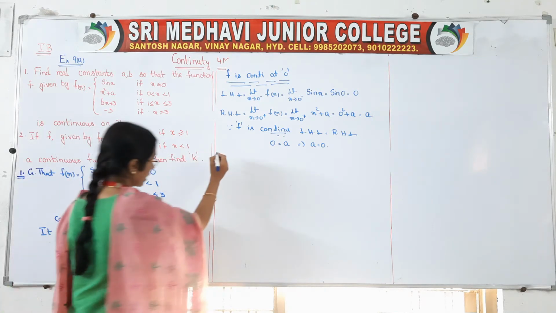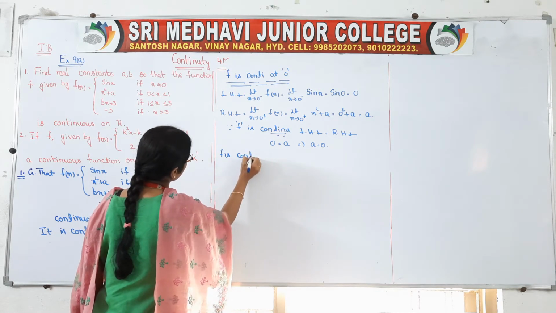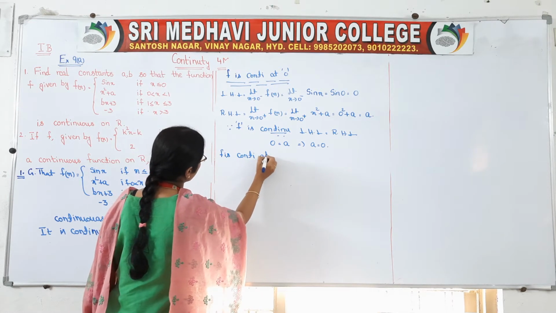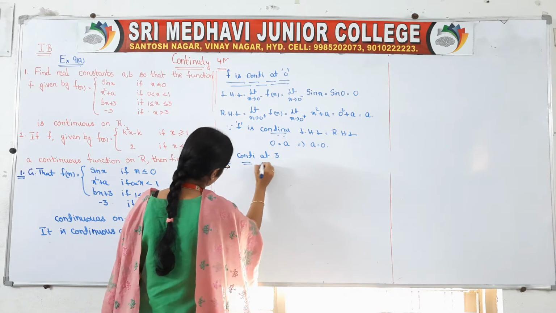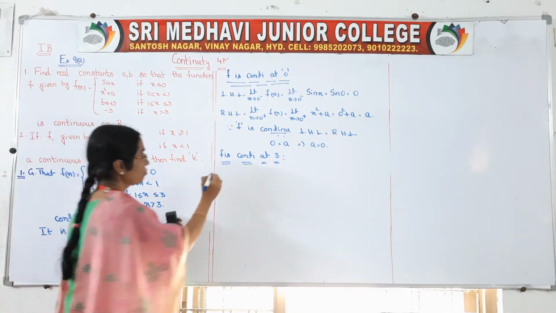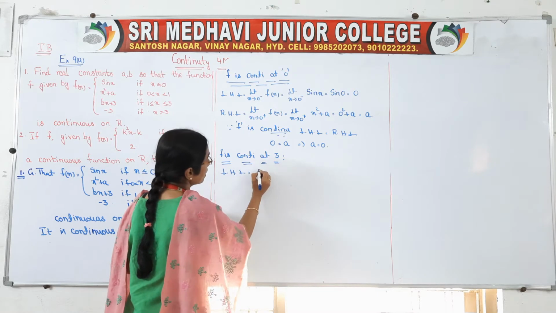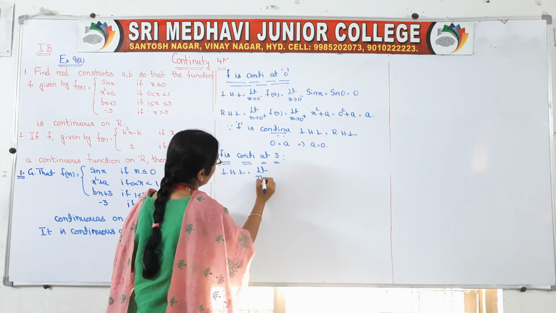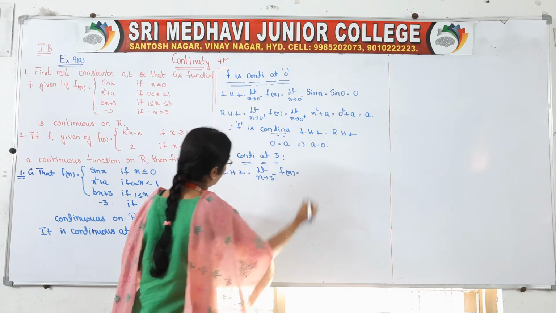Next you take f is continuous at 3. So come on, now find out the left hand limit. So left hand limit is equal to limit x tends to 3 minus f of x.